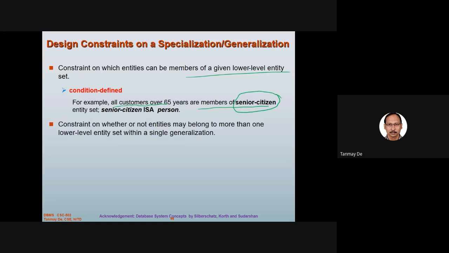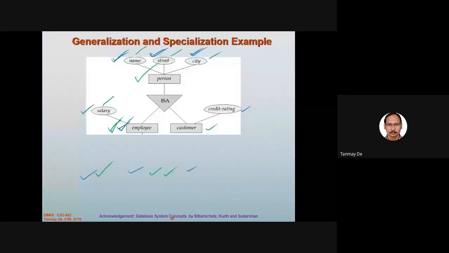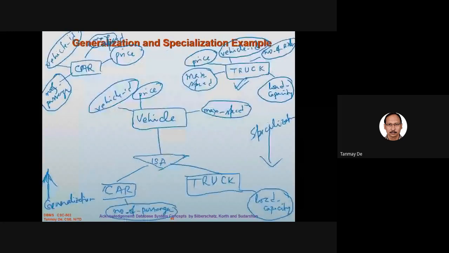Another constraint is on whether or not the entities in the higher level may belong to one or more lower level entity sets. For example, suppose here this vehicle entity set has a number of vehicle entities.